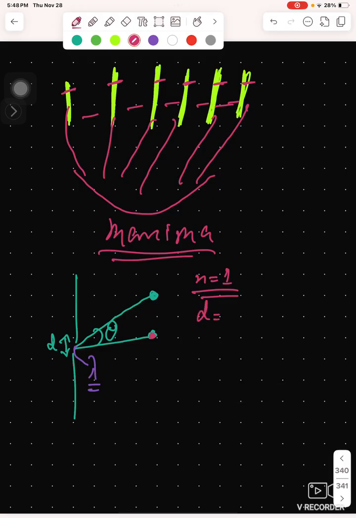D here, they didn't specify properly. They said the grating he used had 1000 lines per millimeter. So we convert that into d.